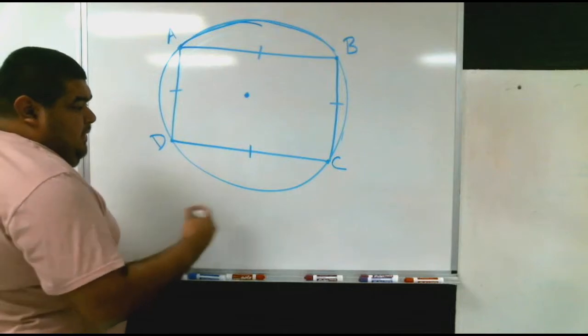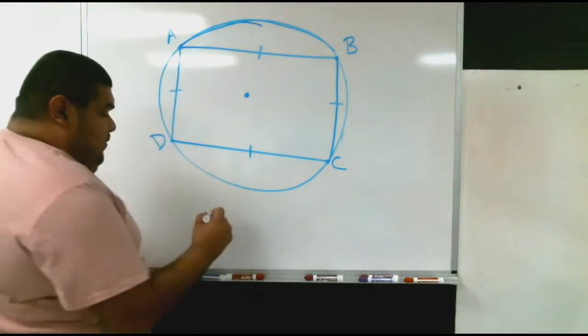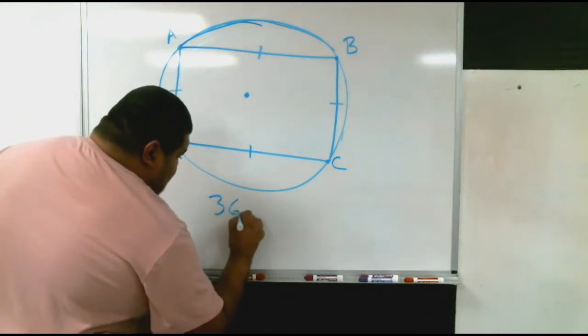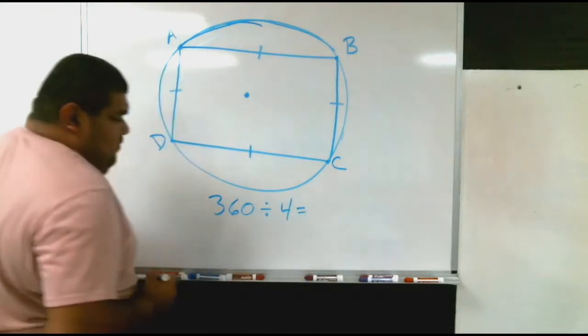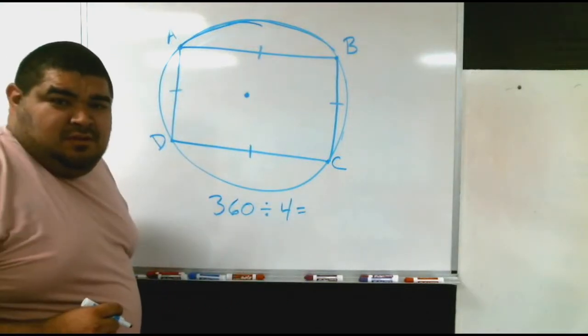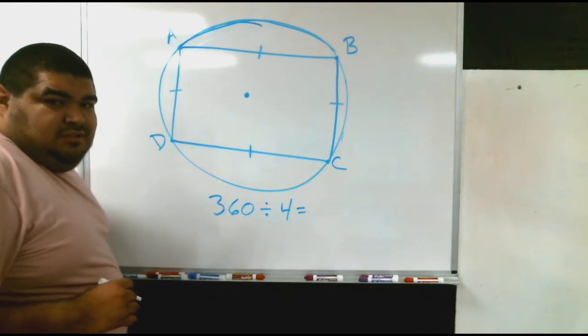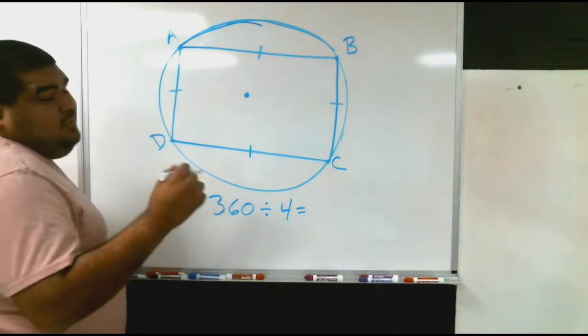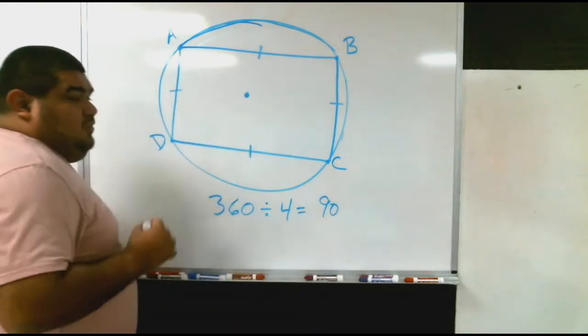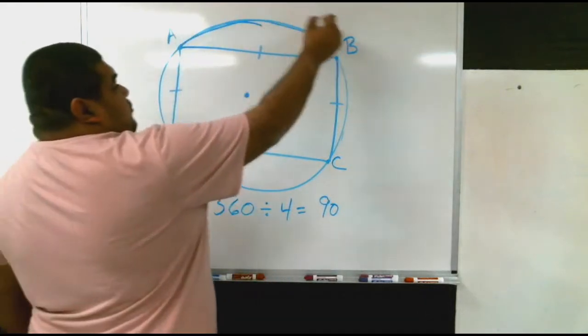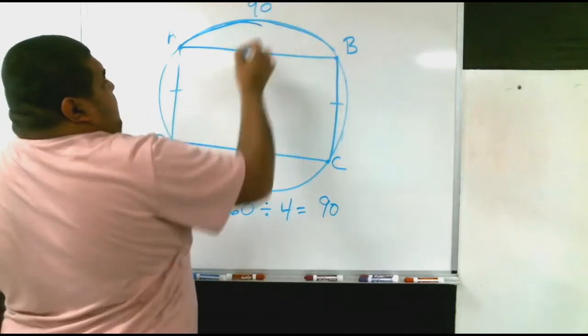So we have 360, because that's what a circle equals, divided by 4, which equals... any suggestions? If you said 90, good. 90.